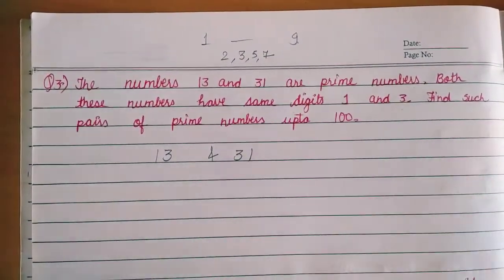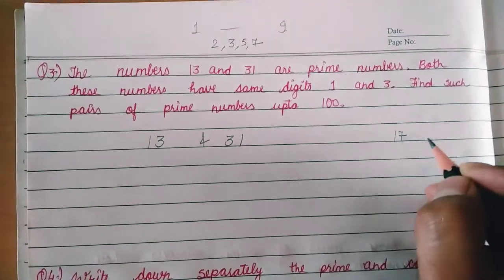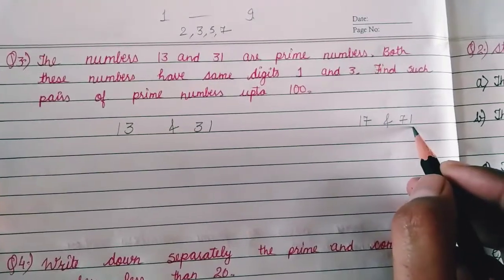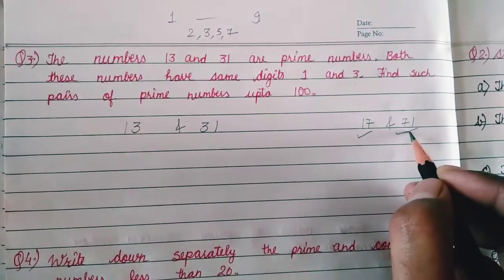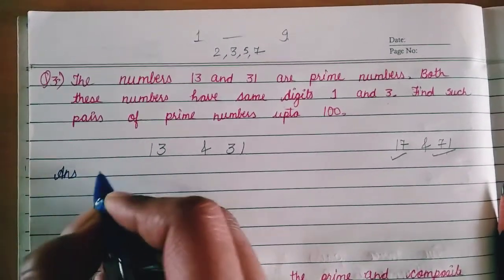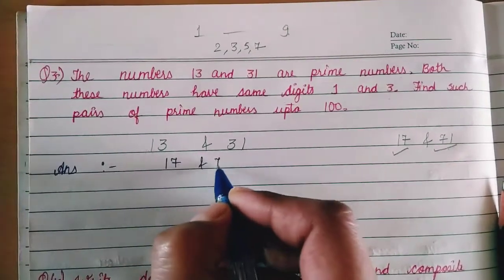Now, if we take 17, its opposite is 71, just shuffling the digits. These two are both prime numbers, yes. So our first pair became 17 and 71.